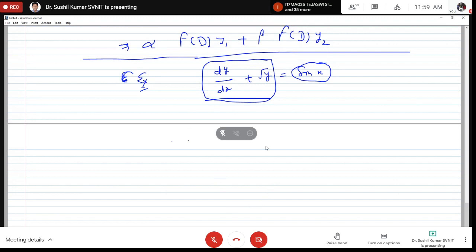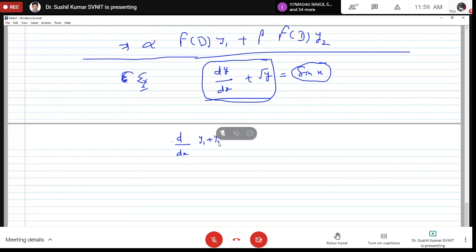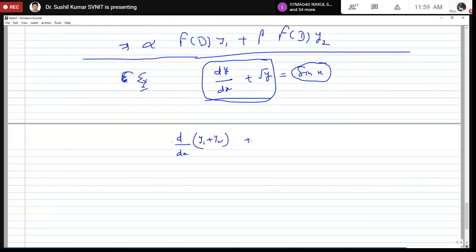So let me check the first condition. First condition means I will replace y by y1 plus y2. So d over dx of y1 plus y2, plus root of y1 plus y2. See, this first part, you can write as d over dx of y1 plus d over dx of y2, and this last part is root of y1 plus y2.